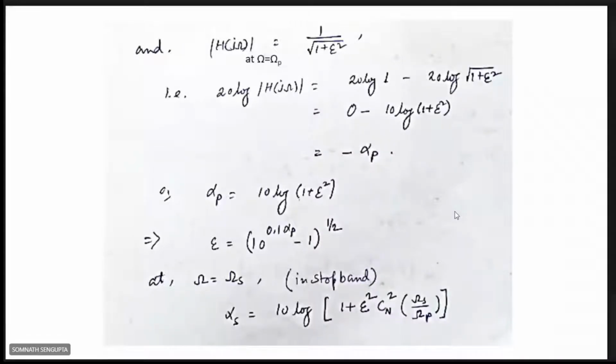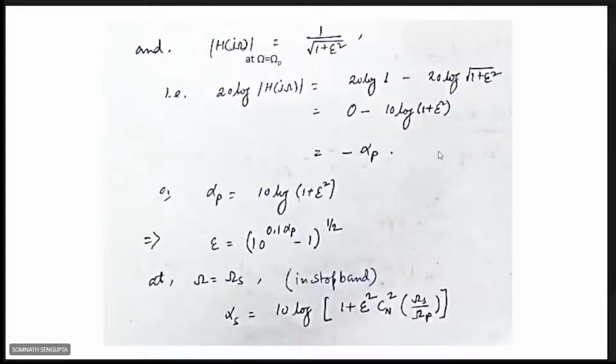The maximum gain is 0 dB, so from 0 dB it goes below by alpha p, so it is minus alpha p. Now from there you can equate this alpha p with epsilon, as we have done in the case of Butterworth filter.